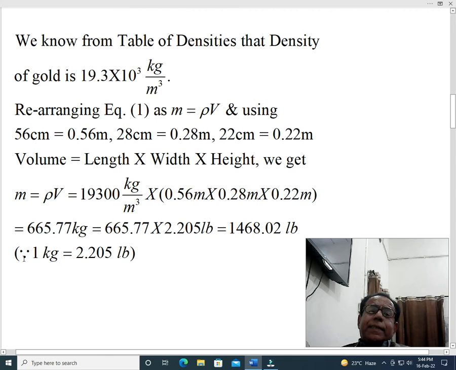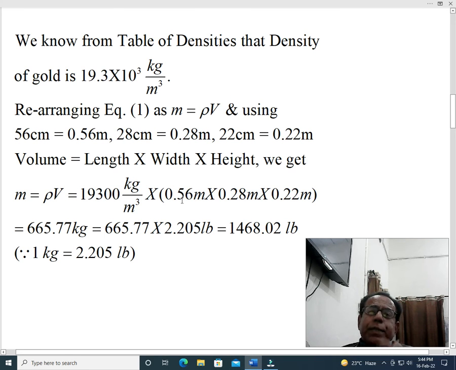If this third dot is above the parallel dots, then it is read as therefore. So because 1 kilogram is equal to 2.205 pound, so many kilogram become equal to so many pound.